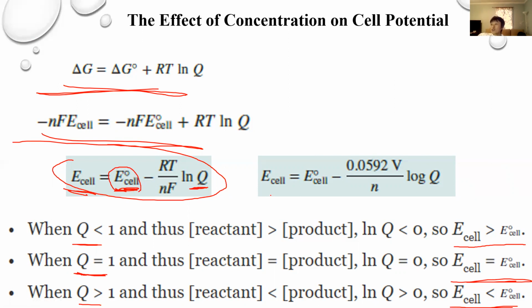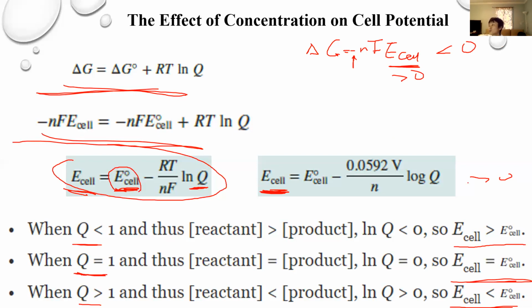For a reaction to be spontaneous, you want E to be greater than 0, because delta G is equal to negative nF E cell. If you want delta G to be less than 0 to be spontaneous, E cell must be greater than 0 because of the negative sign here.